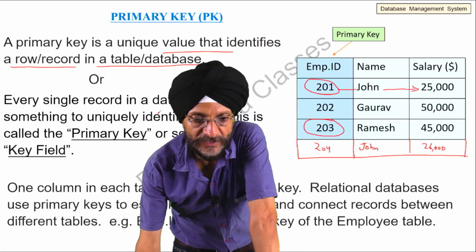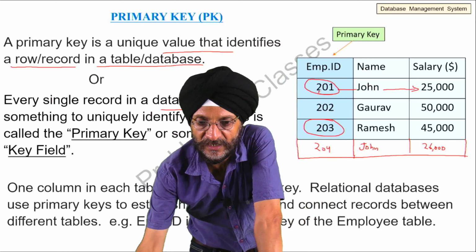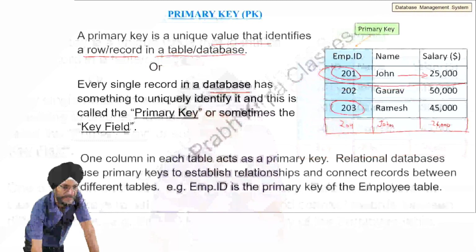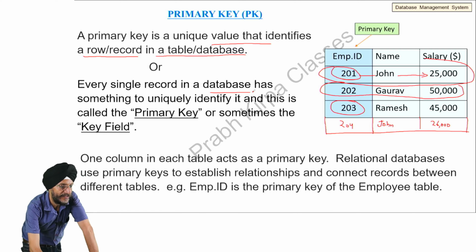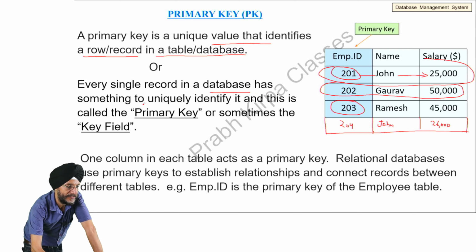Every single record in the database, this is a single record, this is another single record. Every single record in the database has something to uniquely identify it, and this is called the primary key. Here in this complete row, this particular thing is unique.